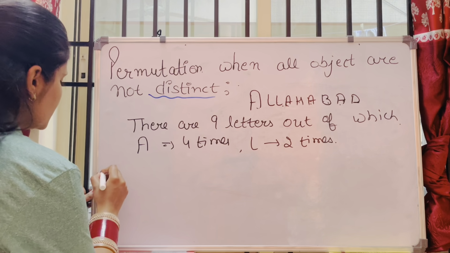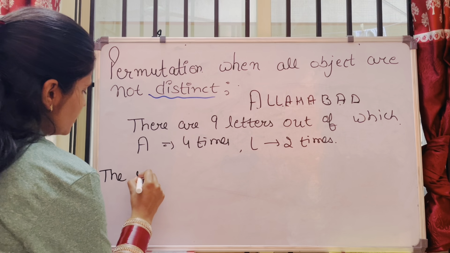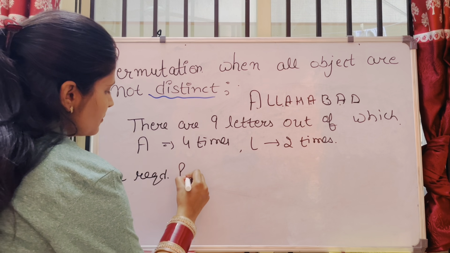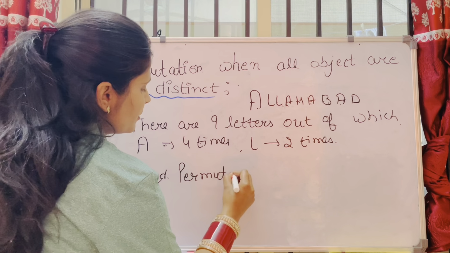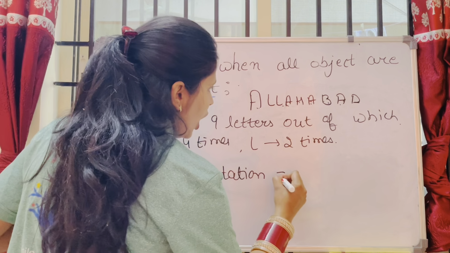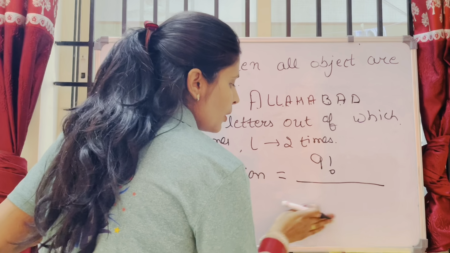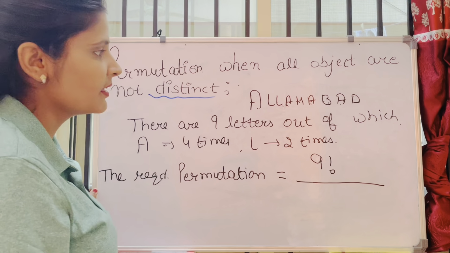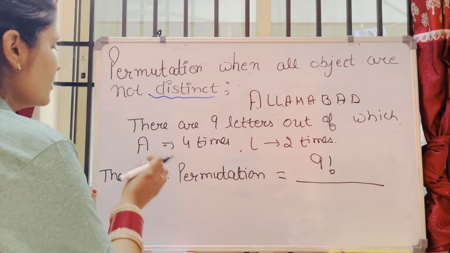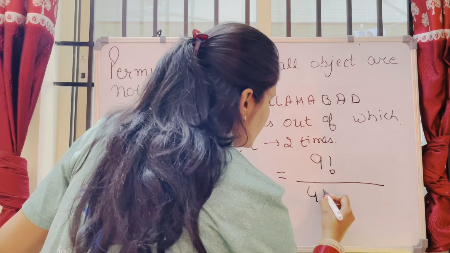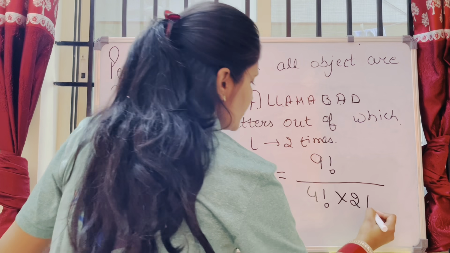So therefore the required total number of arrangements: how many total letters are there? 9 letters, and in the denominator, the letters that are repeated will come. So 4 factorial into 2 factorial.